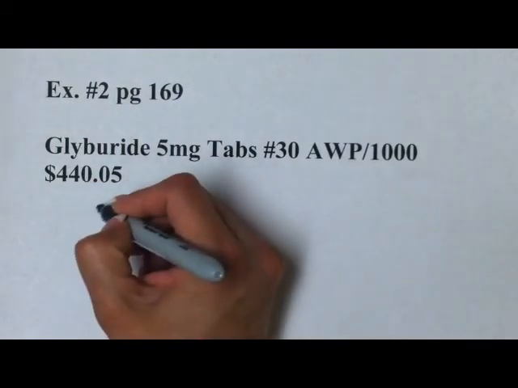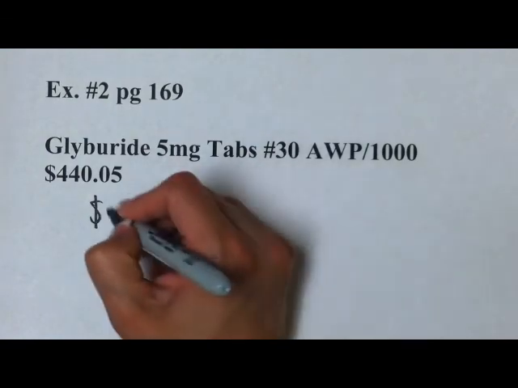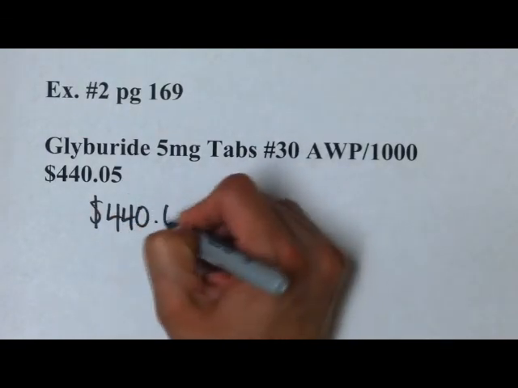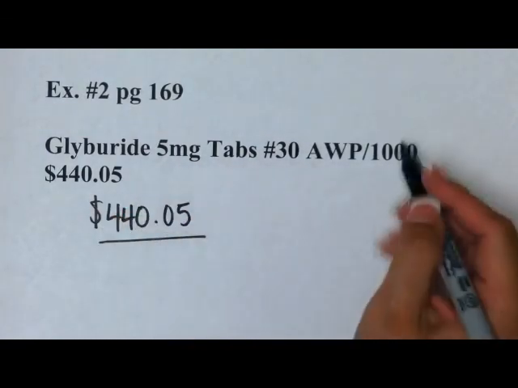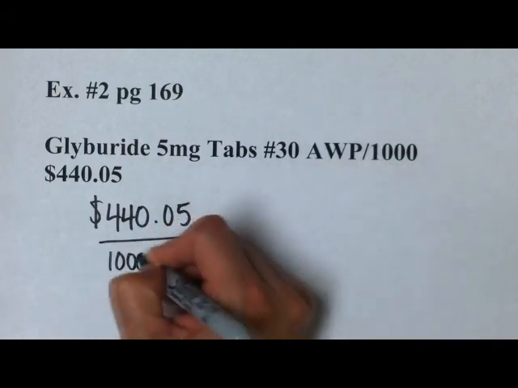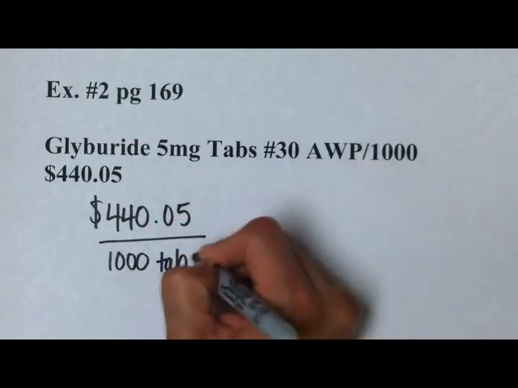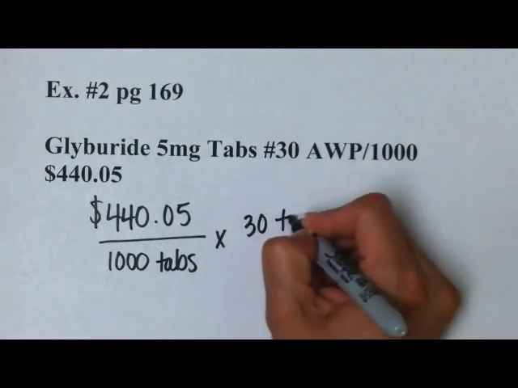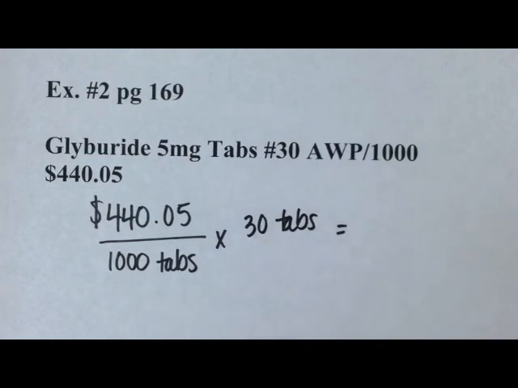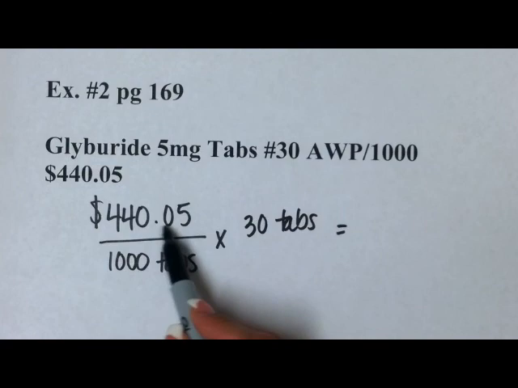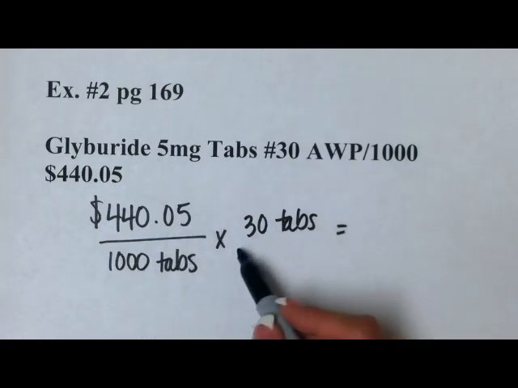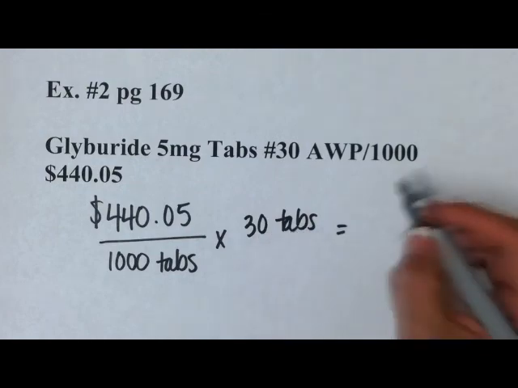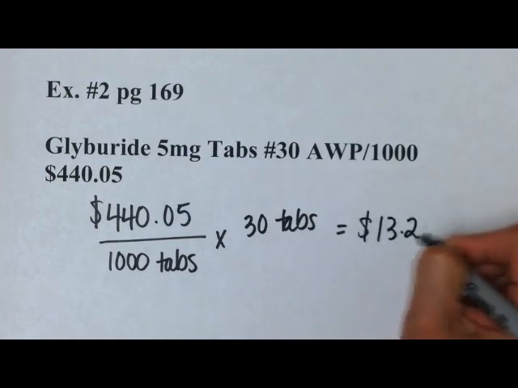But what we're calculating is the dollar amount. So we will have $440.05 over 1,000, because those two figures go together, but we're calculating for 30 tabs. The AWP for 30 tabs, you would just take 440.05 divided by 1,000 multiplied by 30, and you'll get 13.20.